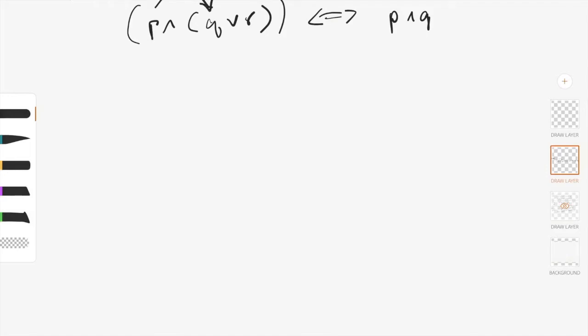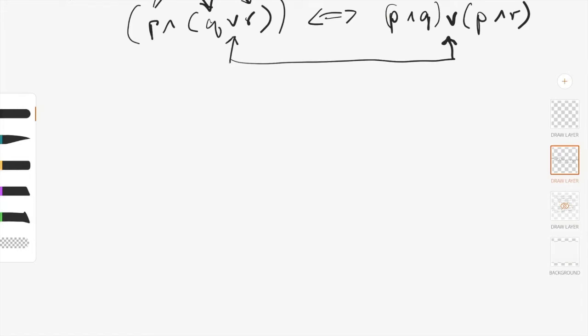So look at the expression P and Q or R. Okay, so all of this is a unit, and then on the other side of our logical equivalence, we have P and Q. So the and goes to the Q first, right? Or P and R. So P goes to the R second, and the connecting operator is OR. So see, here's the connecting operator there.